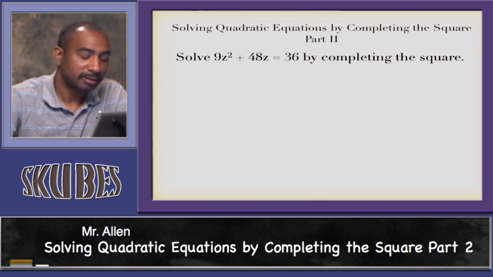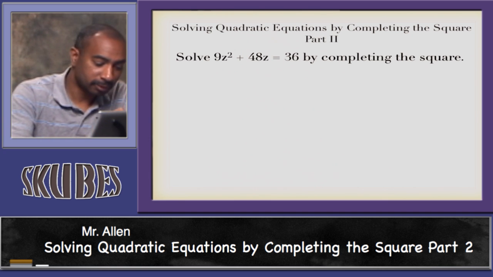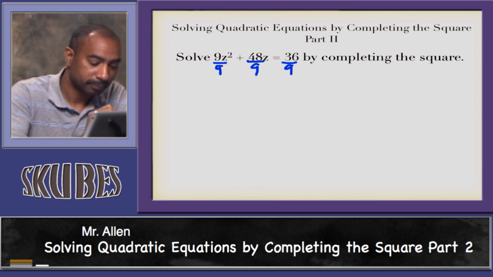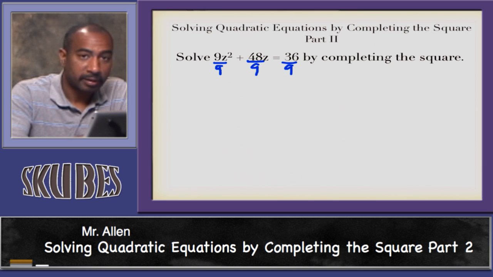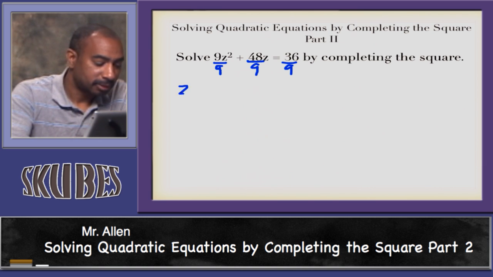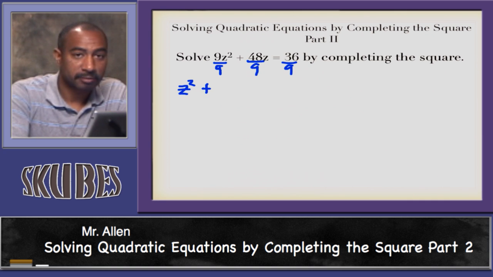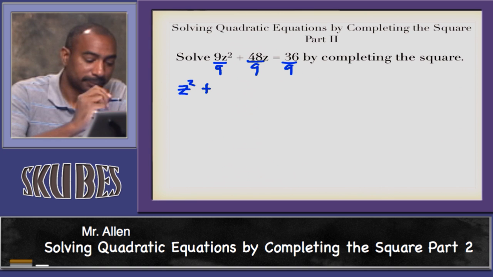All right, solve 9z squared plus 48z equals 36 by completing the square. So 9 is greater than 1. So we're going to do the same thing. We're going to divide 9 to everything, to every term. So 9 divides to itself 1 time, so I get z squared. But notice that 9 doesn't divide into 48.